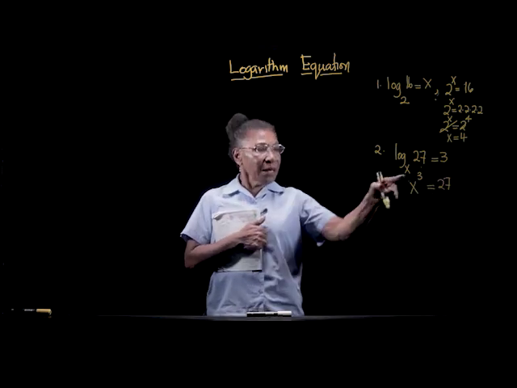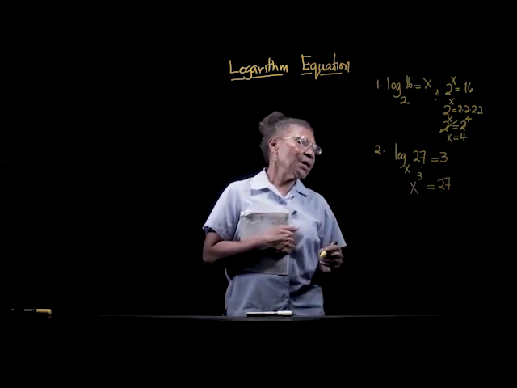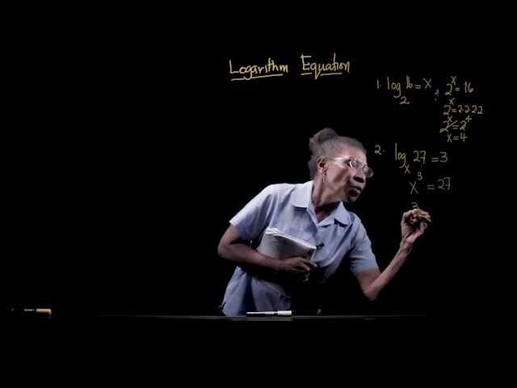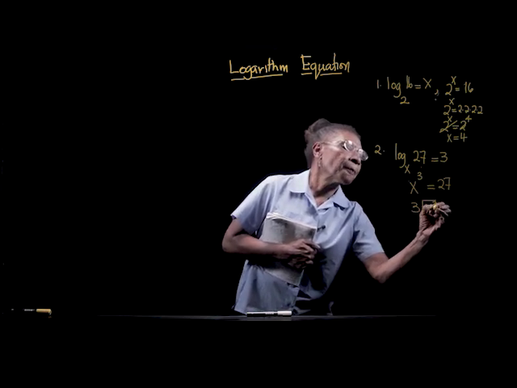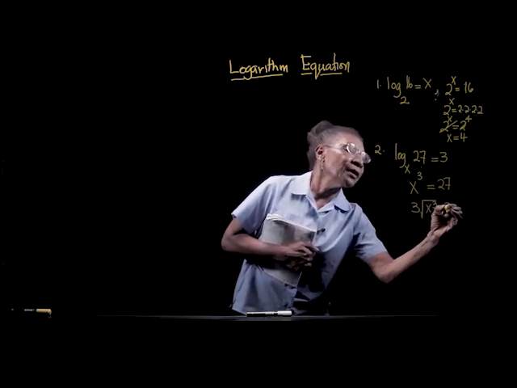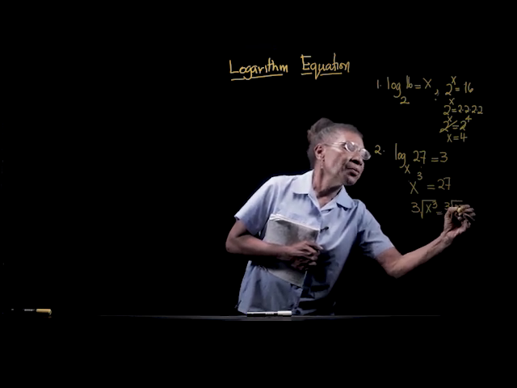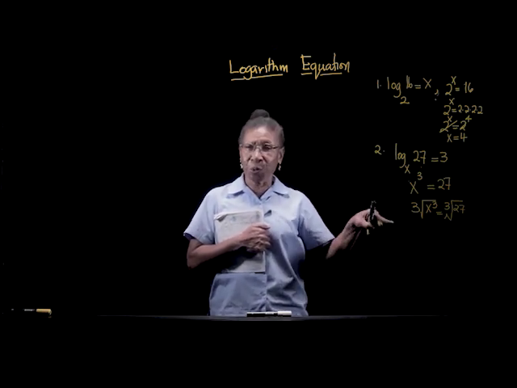If x is raised to the power 3, then we can find its opposite, which is the cube root. So the cube root of x cubed equals the cube root of 27. Remember, whatever you do on the left-hand side of the equation, you do on the right-hand side.